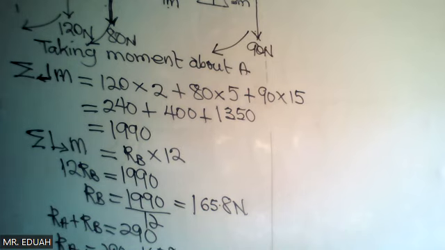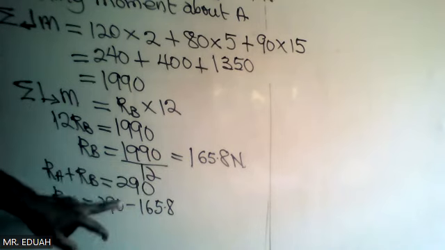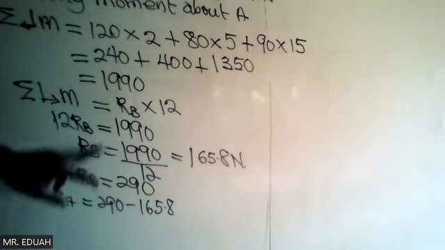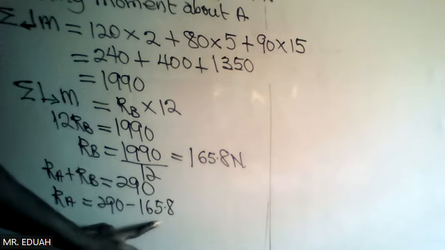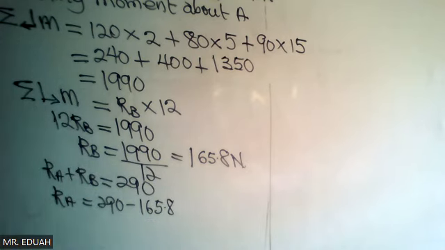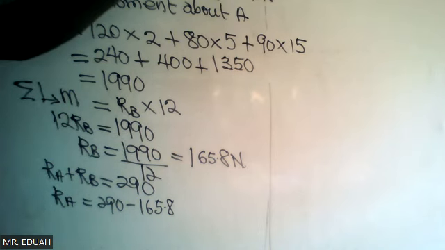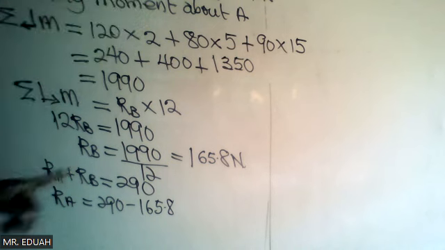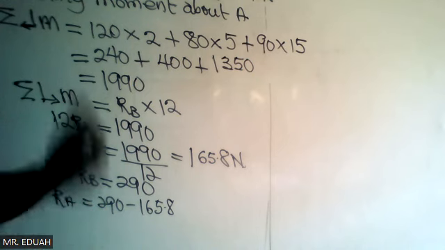But the problem with this kind of approach is that in case you got RB wrong and you use this, everything will be wrong. Meanwhile, if you take the moment around the other support, and then use this to check the correctness of your answer, you can see if it doesn't go well.